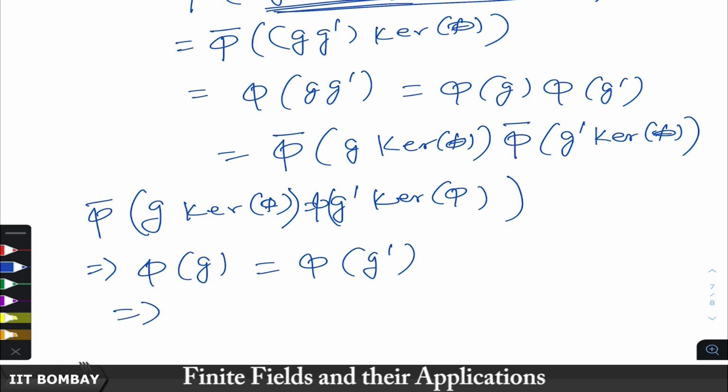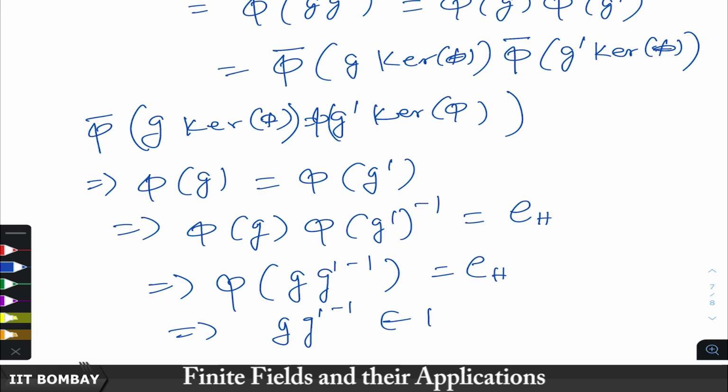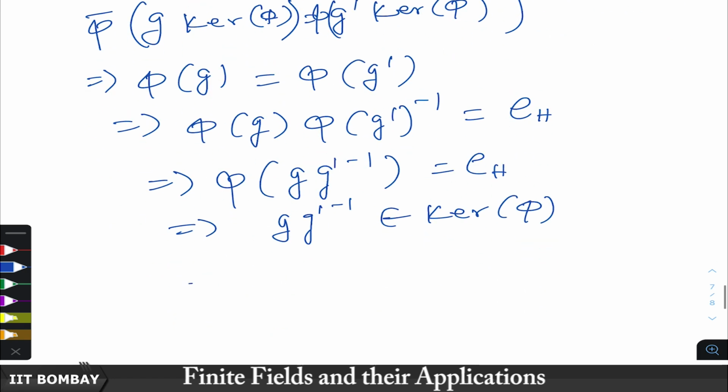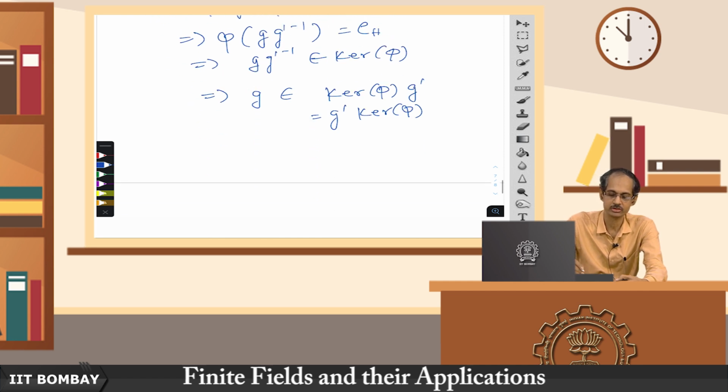that phi of g prime inverse g is e_h, and that means g prime inverse g is in the kernel, and that means g belongs to g prime times kernel phi. That is the same as kernel phi times g prime, it does not matter whether you write it as a left coset or right coset, because kernel phi is a normal subgroup.